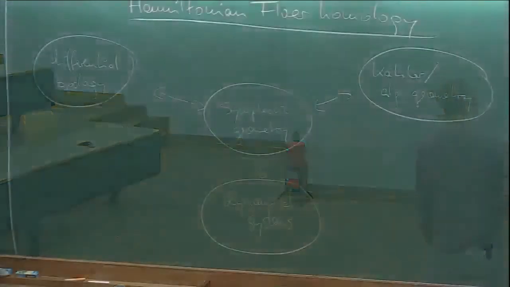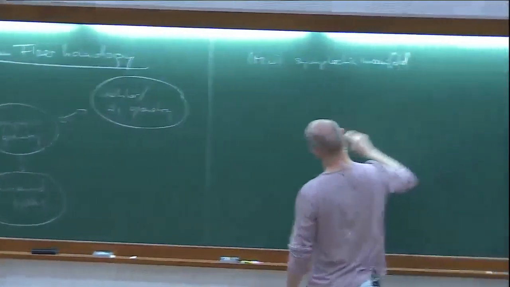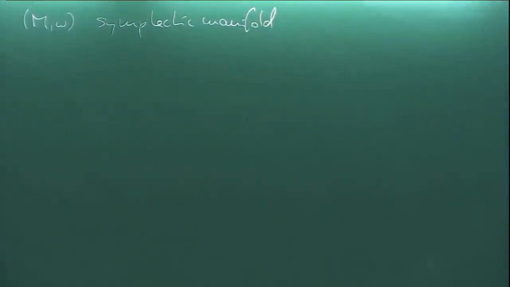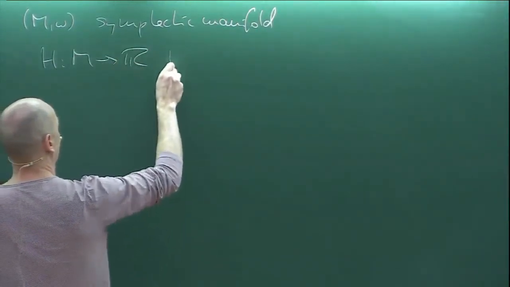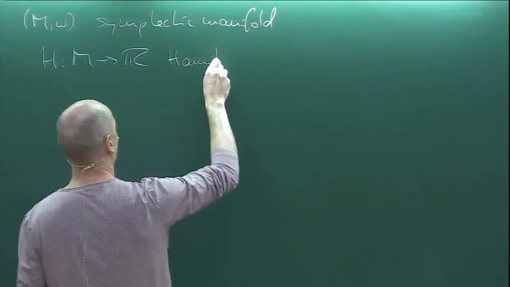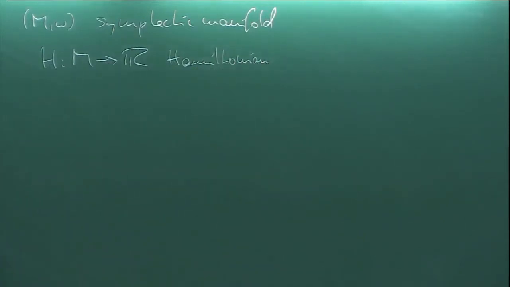So what do you need for Hamiltonian mechanics? In the modern formulation, we start with a symplectic manifold. And then we give ourselves a function, H, which is usually called the Hamiltonian. If you're doing classical mechanics, that would be like the energy of your system.